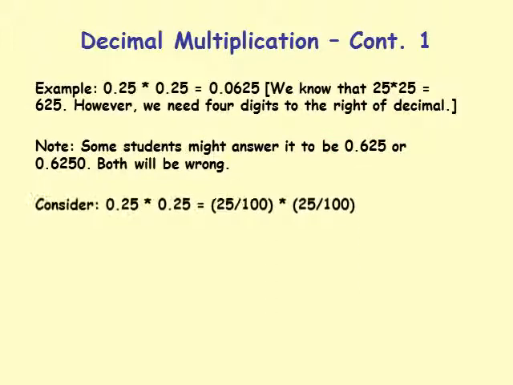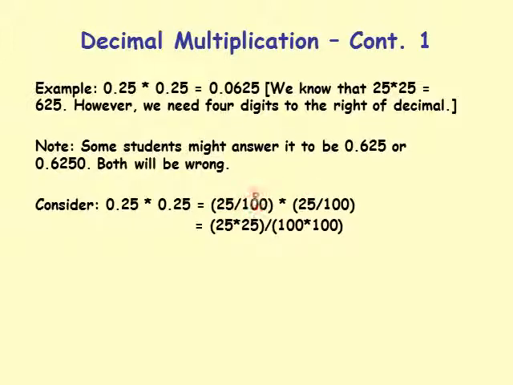Okay, let's continue here. Let's consider 0.25 as 25 by 100. We got 0.25 from dividing 25 by base number 100. So that would be 25 times 25 in the numerator, 25 from here, 25 from here.